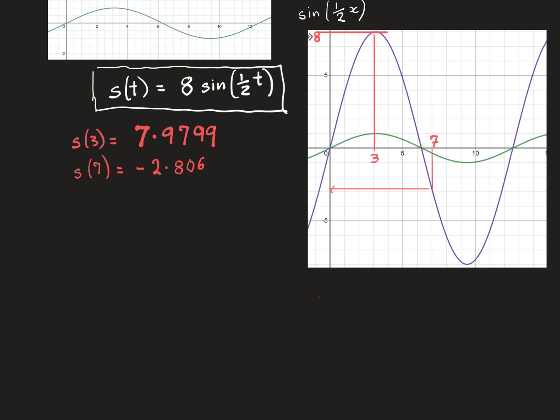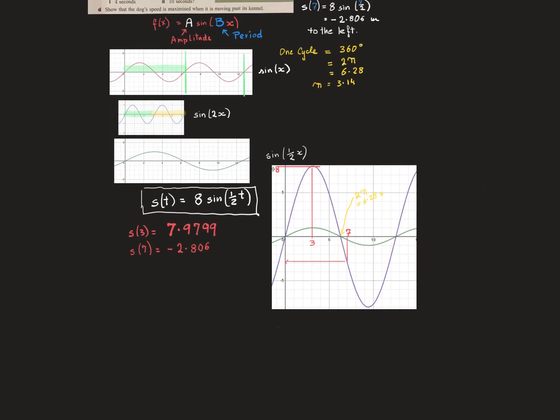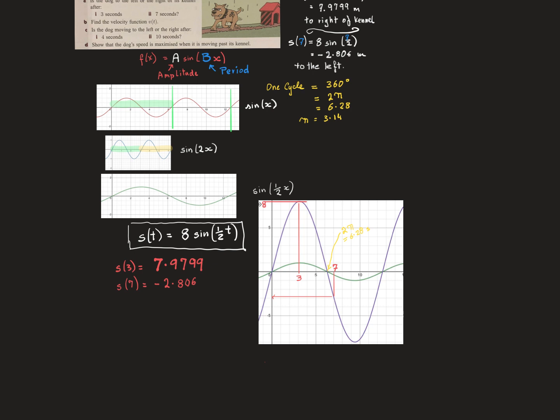Remembering that this point here indicates 2 pi, or you could say that is also 6.28 seconds. It is important that you see this in terms of these graphs, because it gives you a clue to what the function is doing.